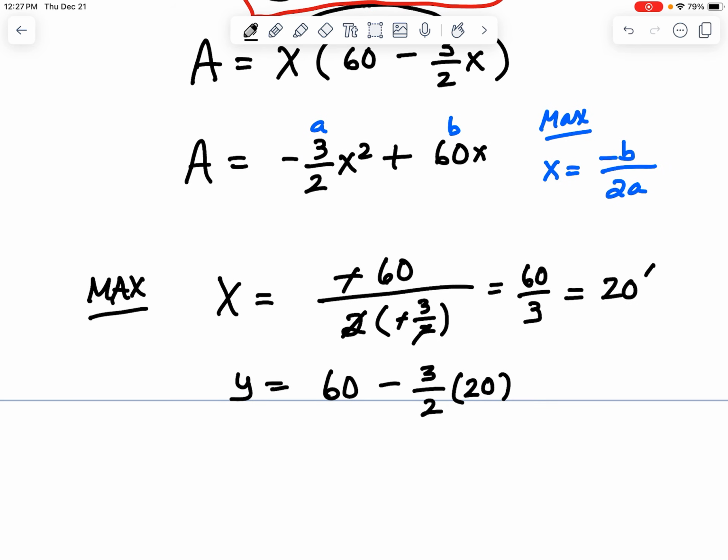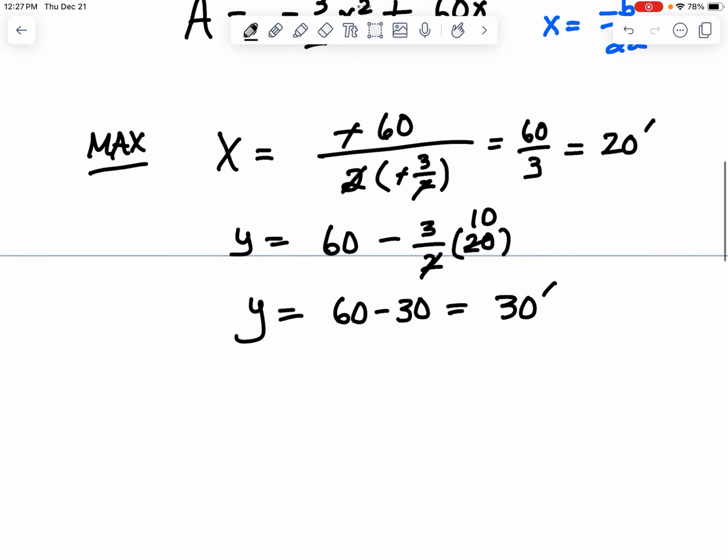And then just simplify, a 2 will divide into 20 10 times, which means that y is 60 minus 30, also known as 30. So that turned out very nice, 20 by 30. So basically the dimensions then are 20 feet by 30 feet.